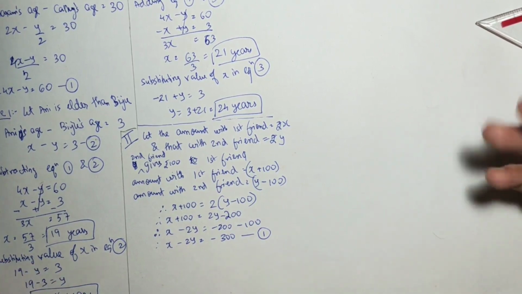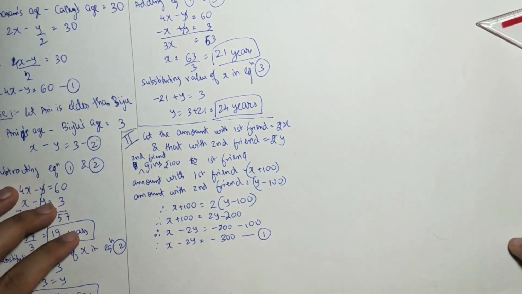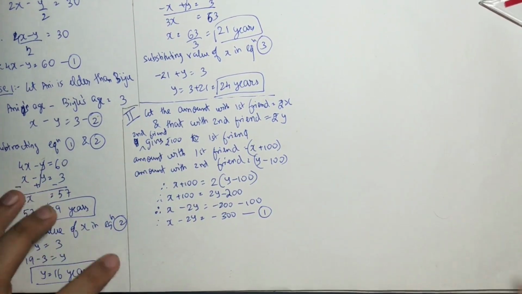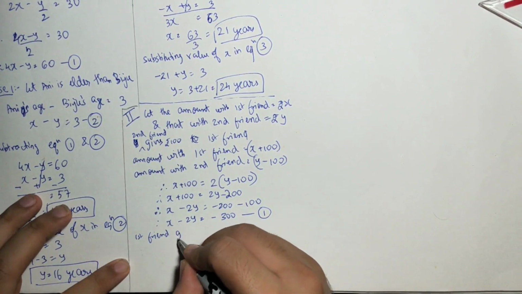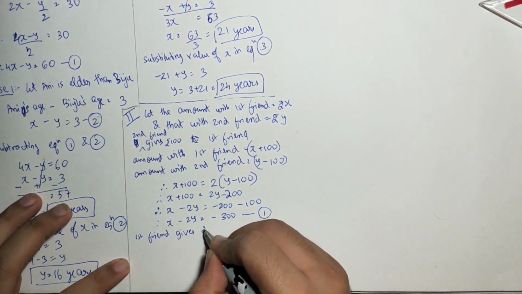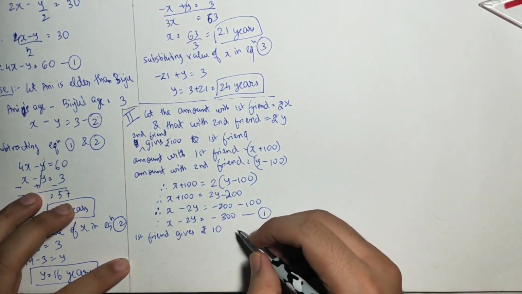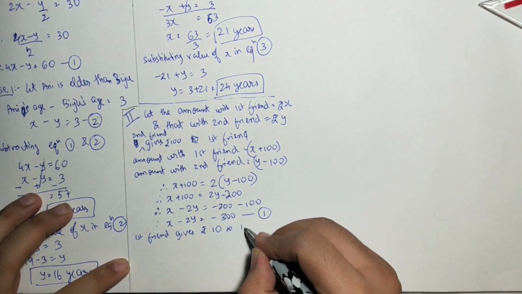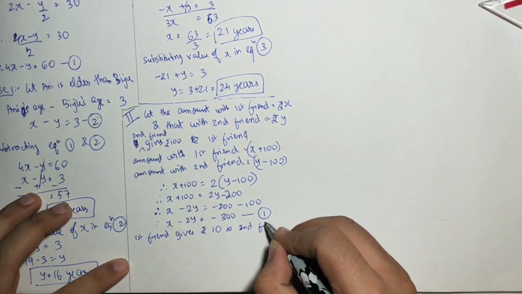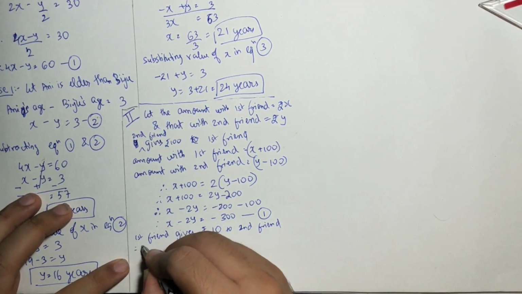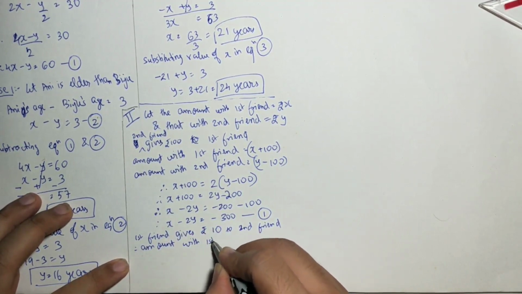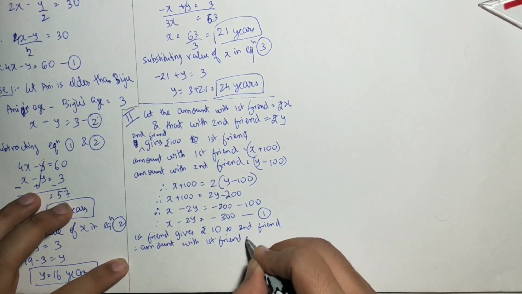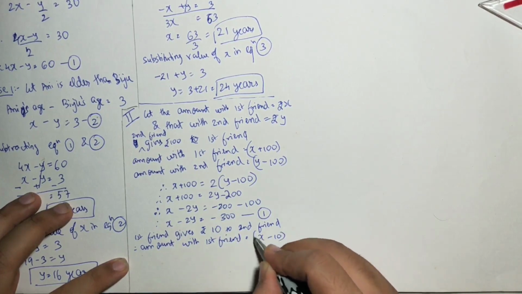Now the second friend says give me 10 rupees and I will become 6 times as rich as you. So the first friend gives rupees 10 to the second friend. So the amount with the first friend will be x minus 10 rupees.